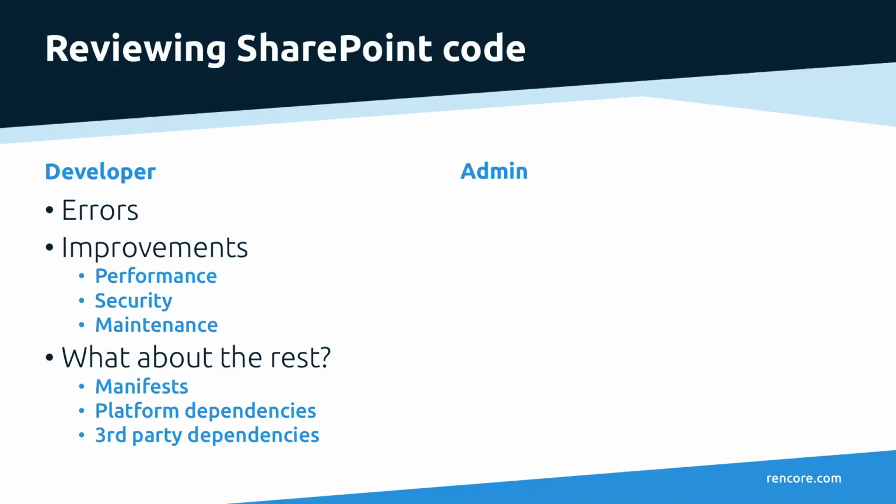Now, as I said, there's also this other side of review, and that is being done especially by admins. And admins want to know one thing: what's inside the package? Because look at it from their point of view. They get a package with the command or ask in production, and they're like, okay, but what's in there?